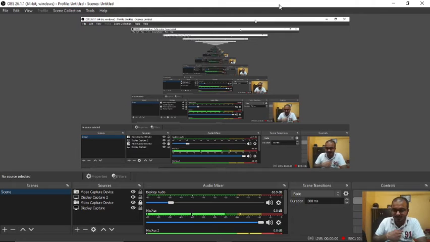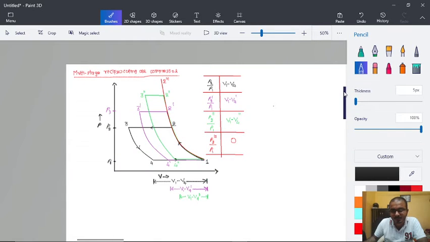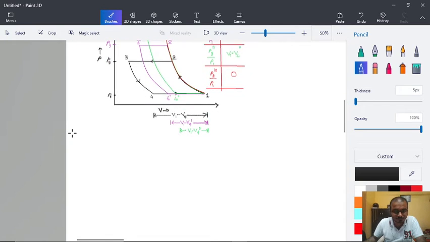So there are other disadvantages of single-stage compression that we will be discussing here, which are more theoretical.